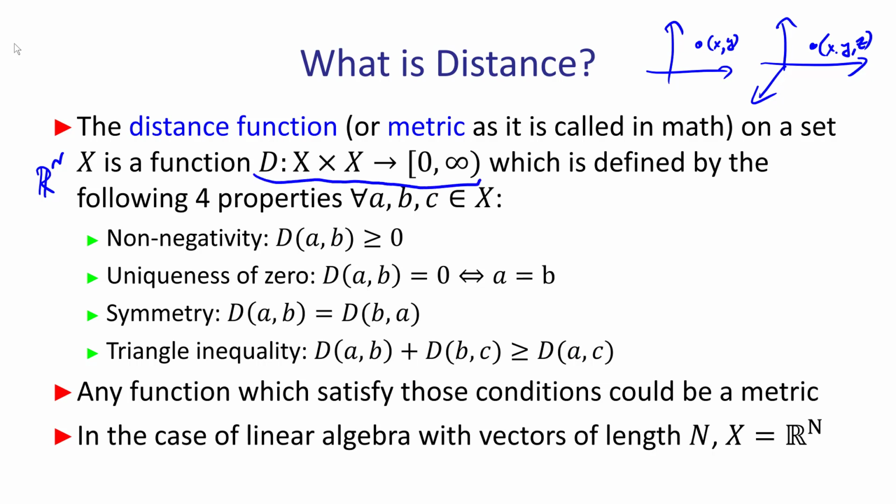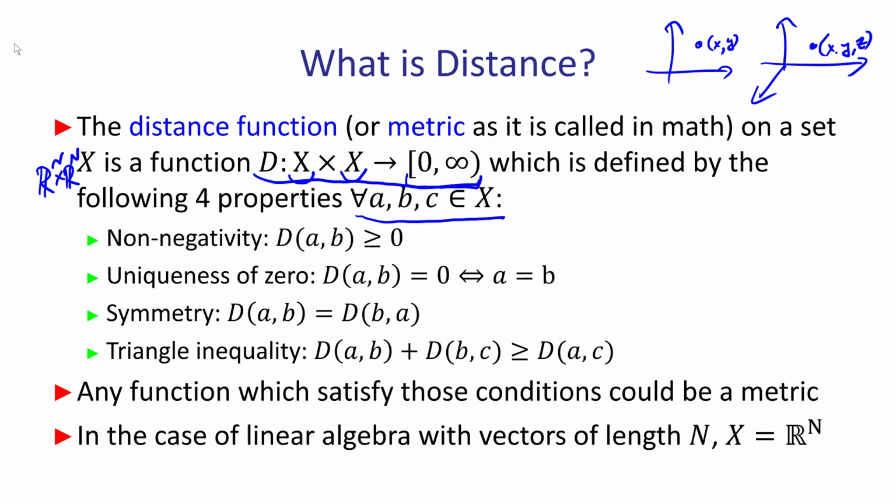This function is working on the set multiplied by the same set, which might be Rn multiplied by Rn, which is a vector and another vector, so you're taking two vectors and mapping them into the interval from 0 to infinity, which means all positive real numbers. This is defined by the following four properties for all A, B, and C that belong to X.